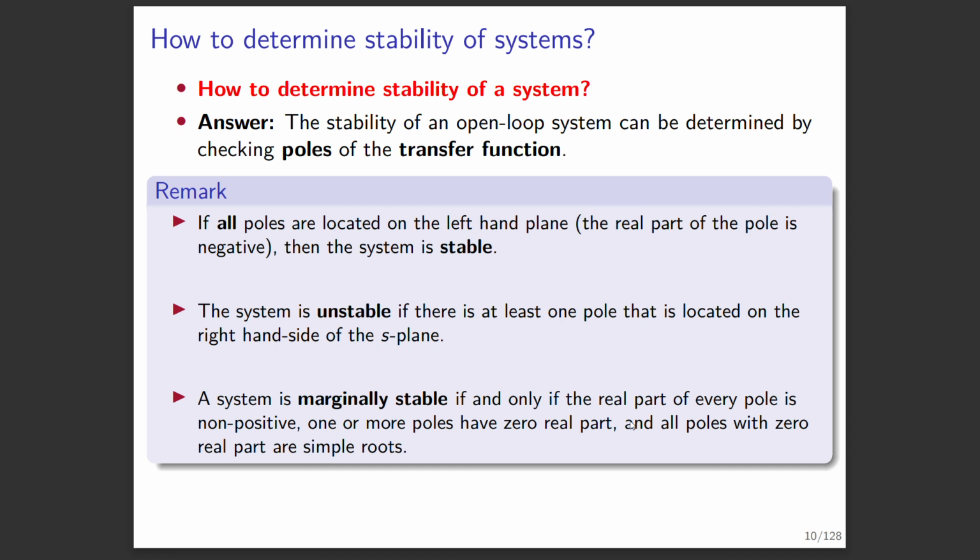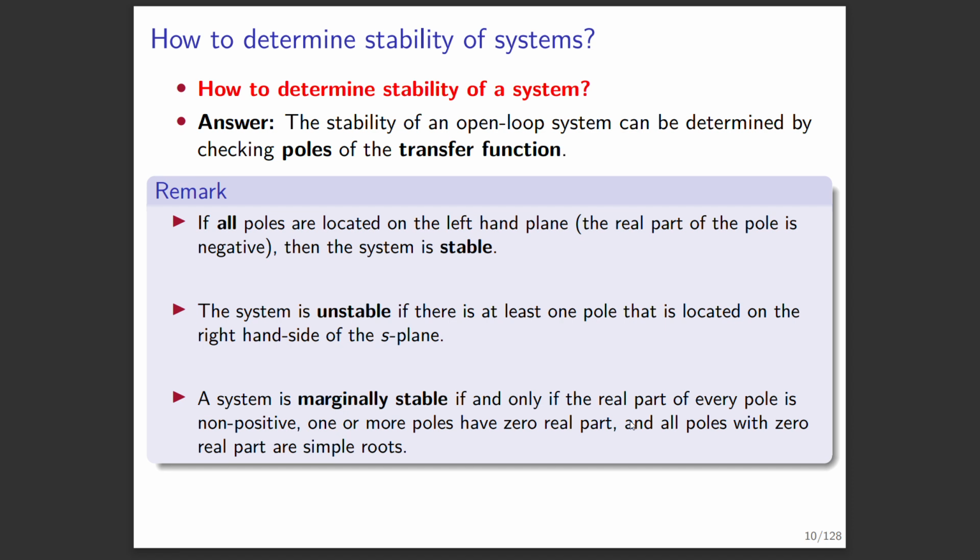The system is marginally stable if and only if the real part of all the poles is non-positive, so it's either negative or it's zero, right? So the system is marginally stable if all the poles are on the left-hand side or on the j omega axis. One or more poles has zero real part, and all poles with zero real parts are simple roots.